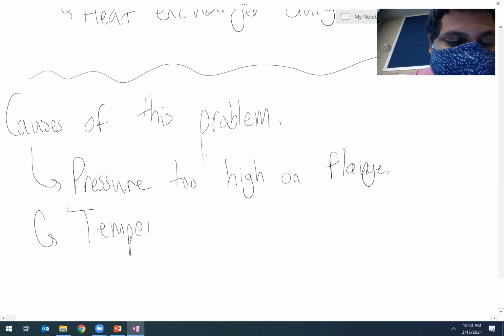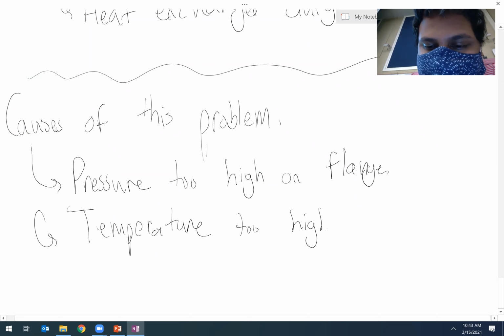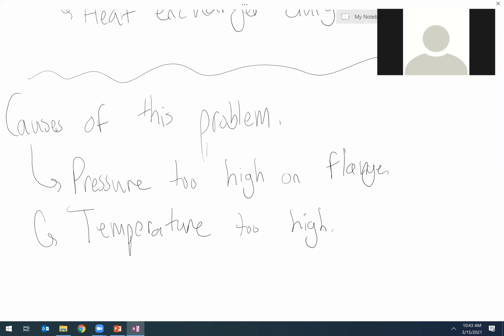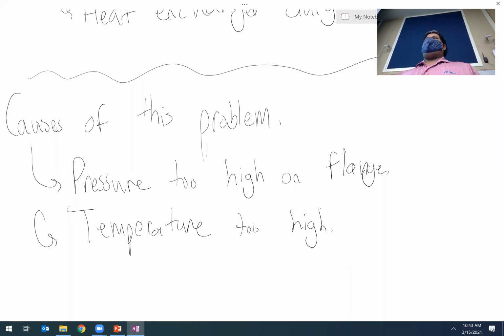Temperature is too high, causing thermal expansion of the flange joints. And you just can't get it back down. Any other ideas? Is it just off spec, poorly designed? Who did this? Must have been a freshman.